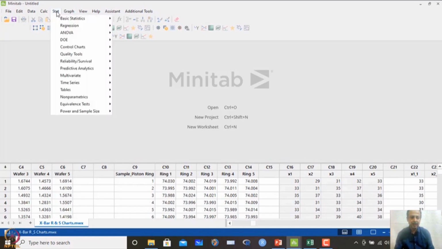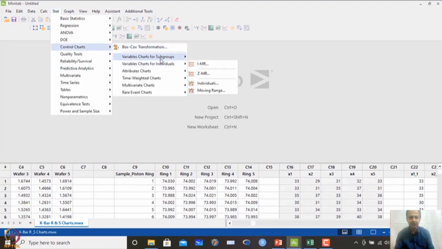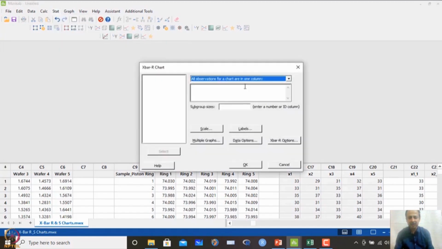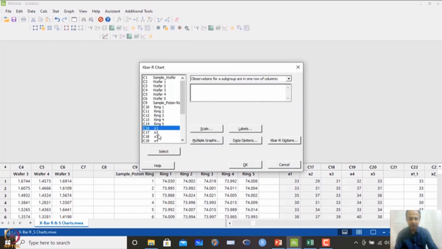I am drawing the control chart, variables with subgroups. Let us draw the x bar R chart over here, which is the simplest one, and take the x1 to x5 observations and see what is happening, because I have told the operator to just collect the data and give it to me. I will give you the control charts. I will give you the upper limit lines.